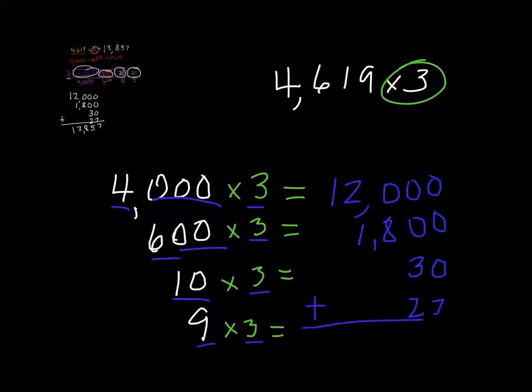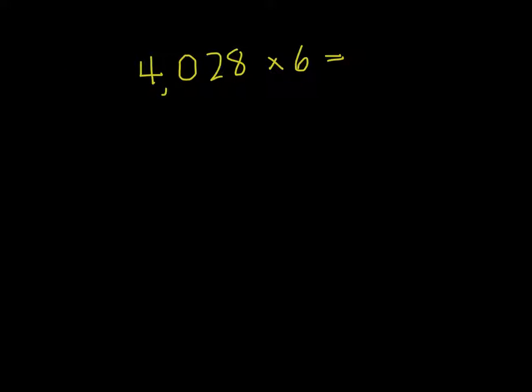Add those partial products together. And I get the same exact answer, 13,857. Okay, here's a second example, 4,028 times 6. I'm going to draw my box here.